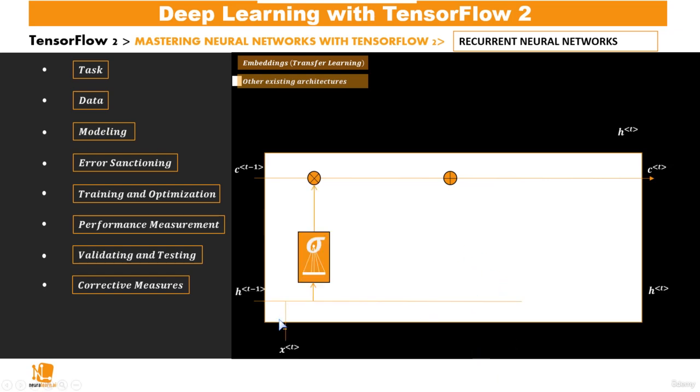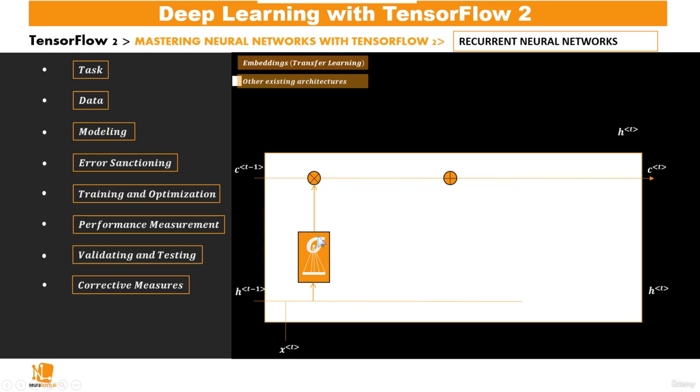So suppose we have this input X, and then we have a previous hidden unit and this previous cell state. We concatenate the input with this previous hidden unit and then pass it through a neural network, which has as activation the sigmoid function.